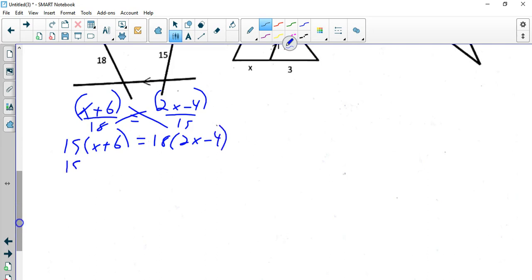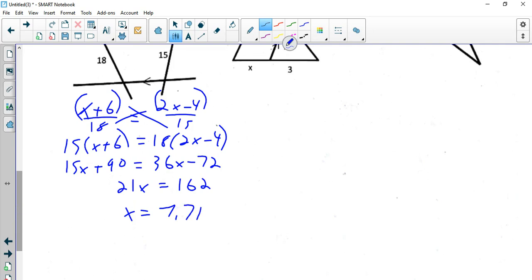So that's 15x plus 90 equals 36x minus 72. I end up with 21x equals 162. Divide by 21, and I get 7.71. At 7.7, I'll accept either one.